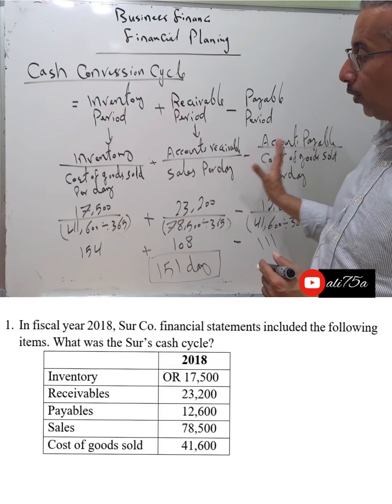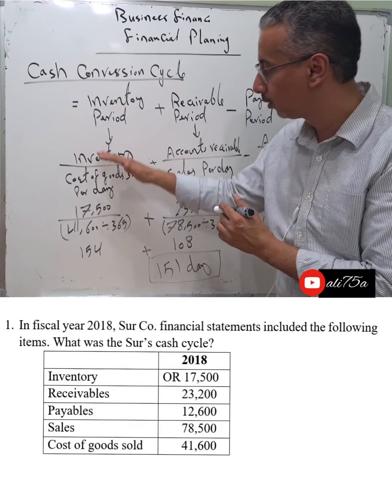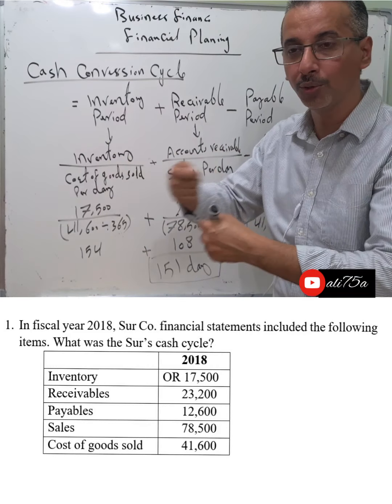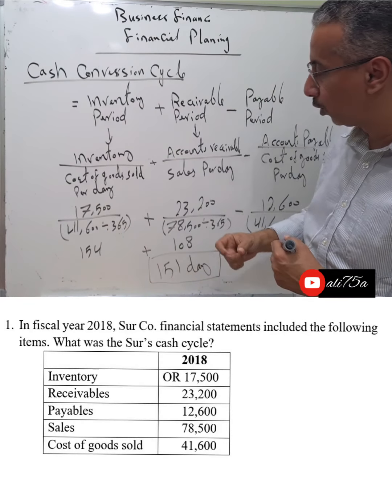We try our best to use the inventory frequently and in a short period. By this way we could reduce the days of the cash conversion cycle.